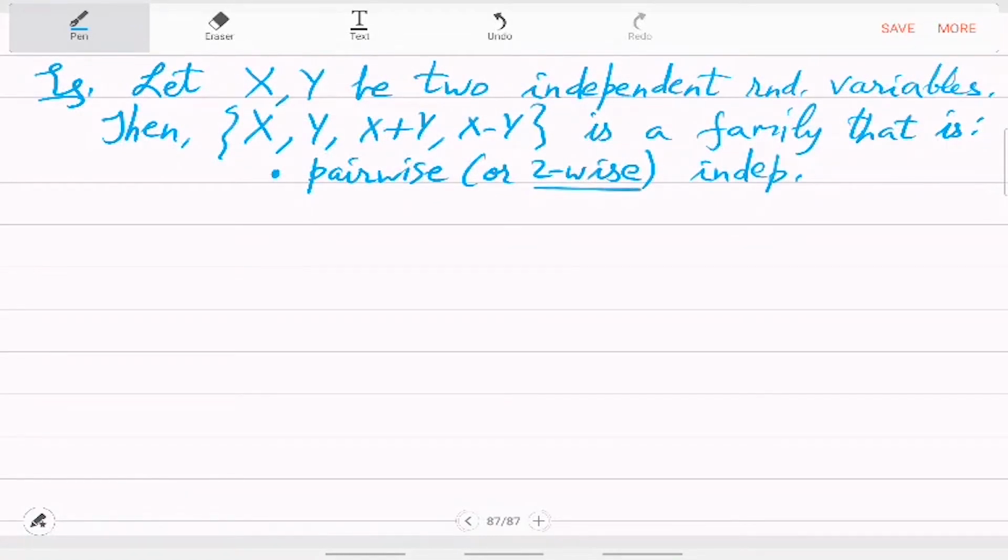Because any two that you take, X or Y, X or X plus Y, X or X minus Y, Y and X plus Y, Y and X minus Y, or X plus Y and X minus Y, they are independent. You cannot deduce the second value from the first value. And that follows from the independence of X and Y themselves.